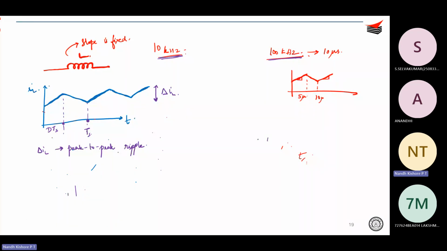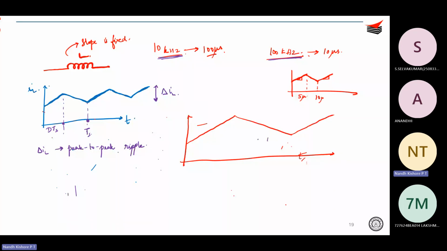Now for the 10 kilohertz case, which means the switching period is 100 microseconds, what you will see is that it would increase and decrease like this. So for 50 microseconds, it will keep on increasing, for the same slope.